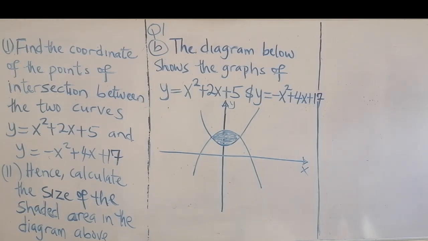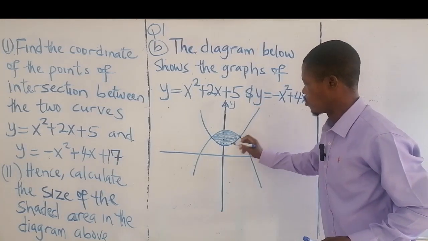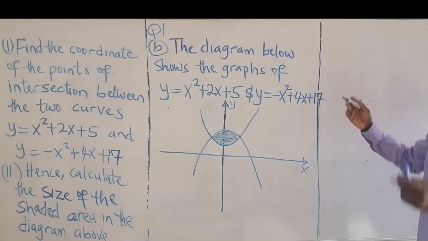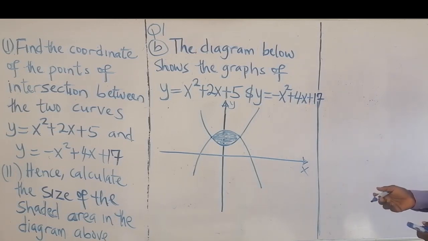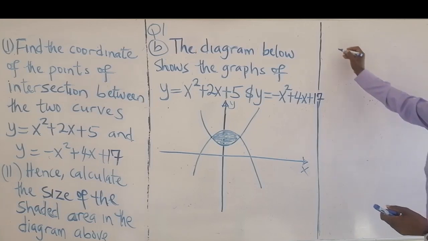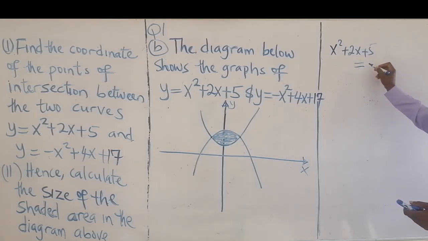So when you are finding the point of intersection, what it tells is where the two graphs meet. Okay, so they meet at this point, but we are going to find those points by calculation. Equate the two quadratic expressions together, the first one equal to the second one.